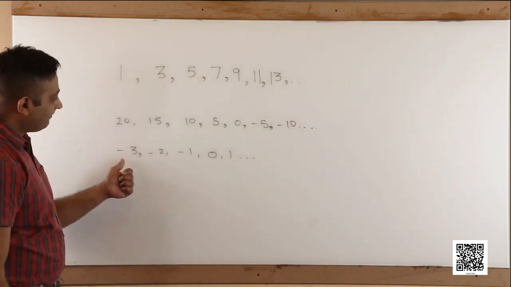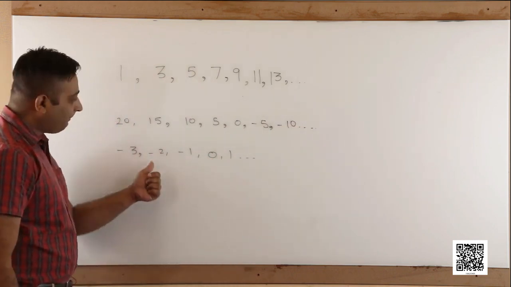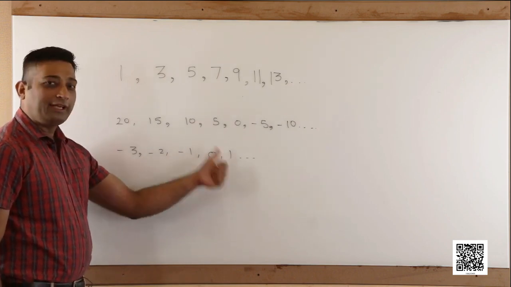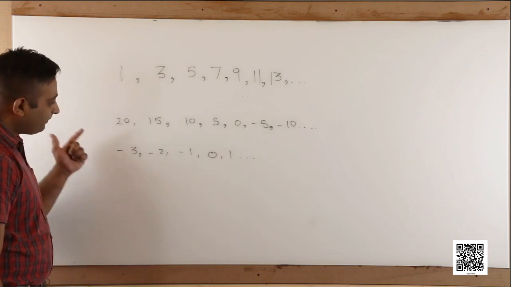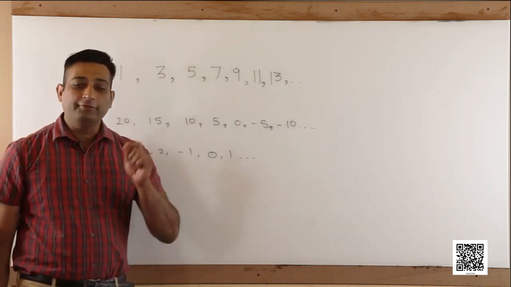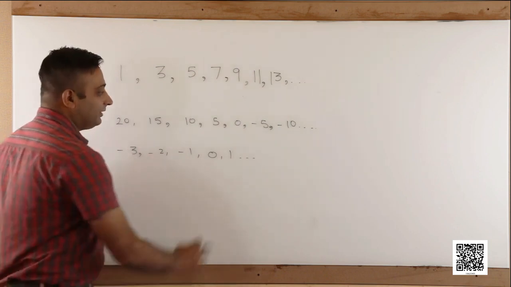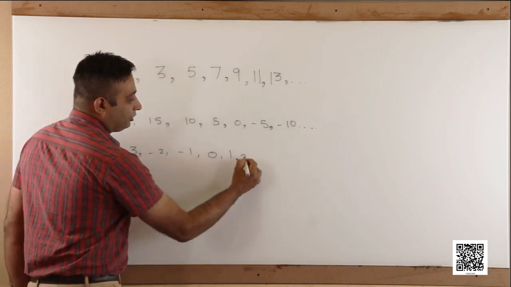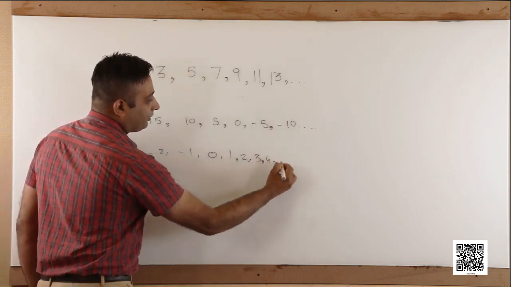In the third list, -3, -2, -1, 0, 1, we can easily see the pattern that each succeeding term is obtained after adding 1 to the preceding term. So we can easily write some next terms: 2, 3, 4 and so on.